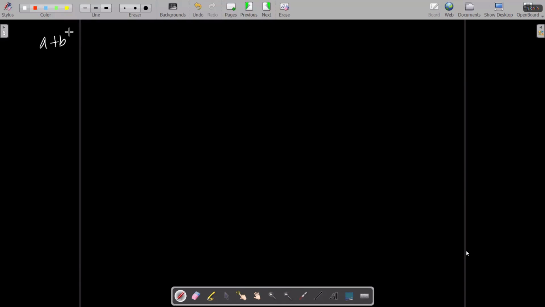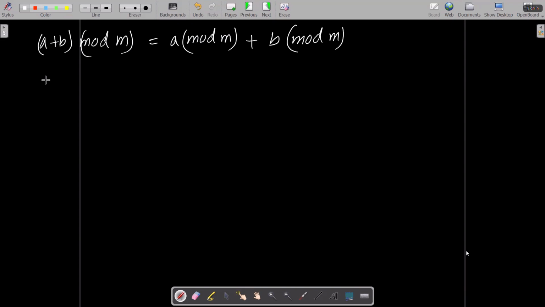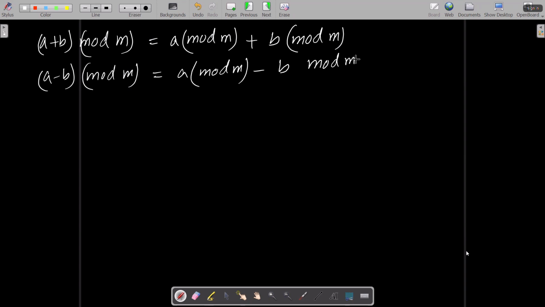Let's say (A plus B) mod M is equal to A mod M plus B mod M. And we have the same thing for subtraction: (A minus B) mod M equals A mod M minus B mod M. And we have the same thing for multiplication as well.